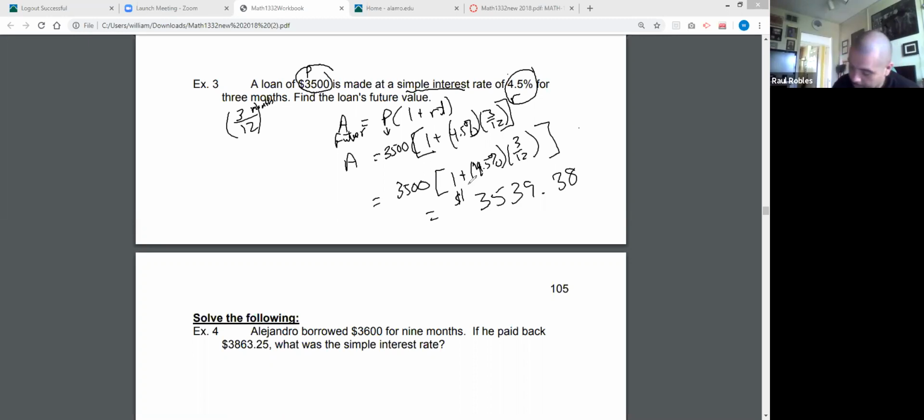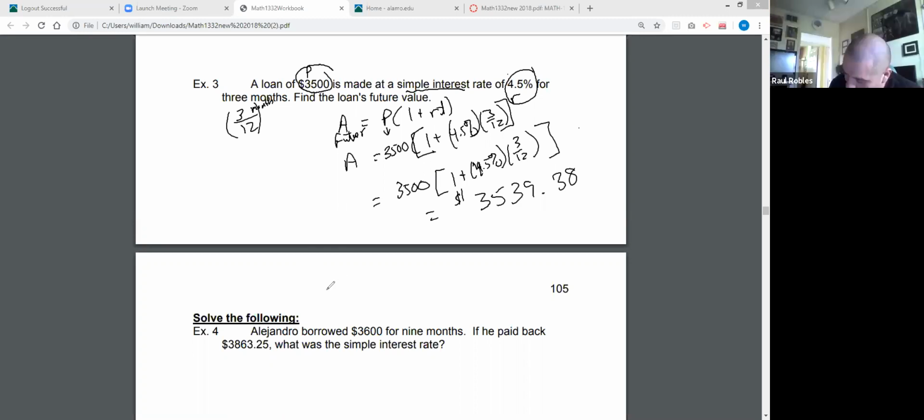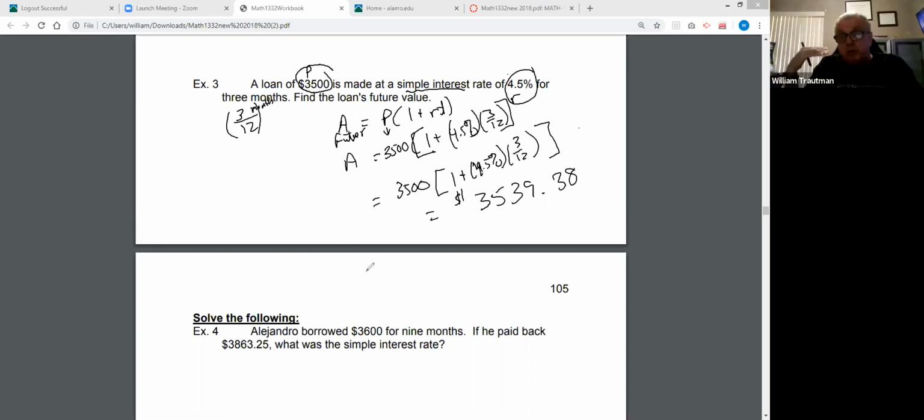Okay, good. Any questions? So far, so good. Not too bad. Just use one of those two formulas. This is easy right now.